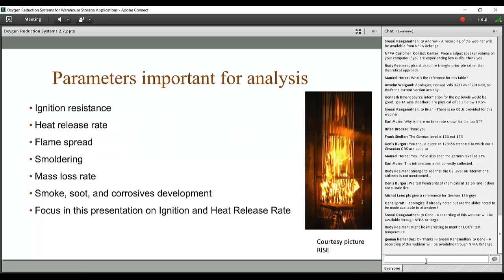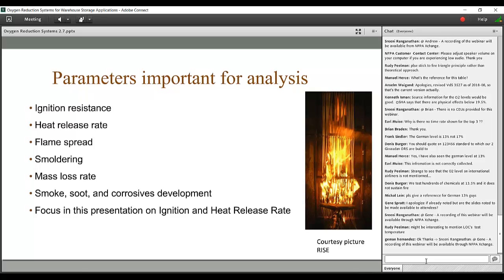What is normally important for the analysis, when we talk about the different fire hazard conditions, of course, is the ignition resistance of a material, how easily it ignites, and the heat release.